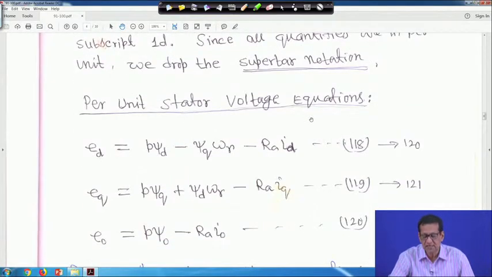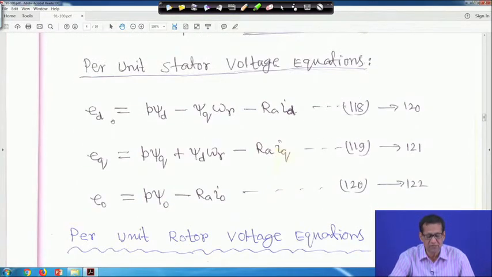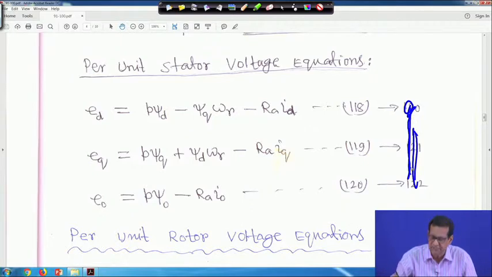So, per unit stator voltage equations. Here we are not putting bar, but these are all per unit. Again and again we will not put bar, but this is understandable. But one thing: whatever equation is written here, you should not see this, you will see this one only.